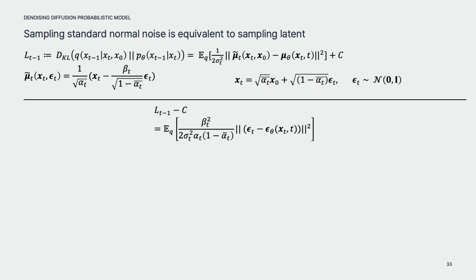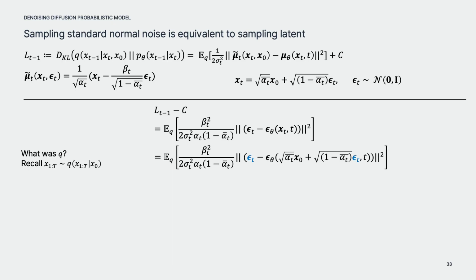Recall that this expectation in the loss term is an expectation over Q. Q basically samples latents from the data x0, and the only random part in this latent sampling is the epsilon t.